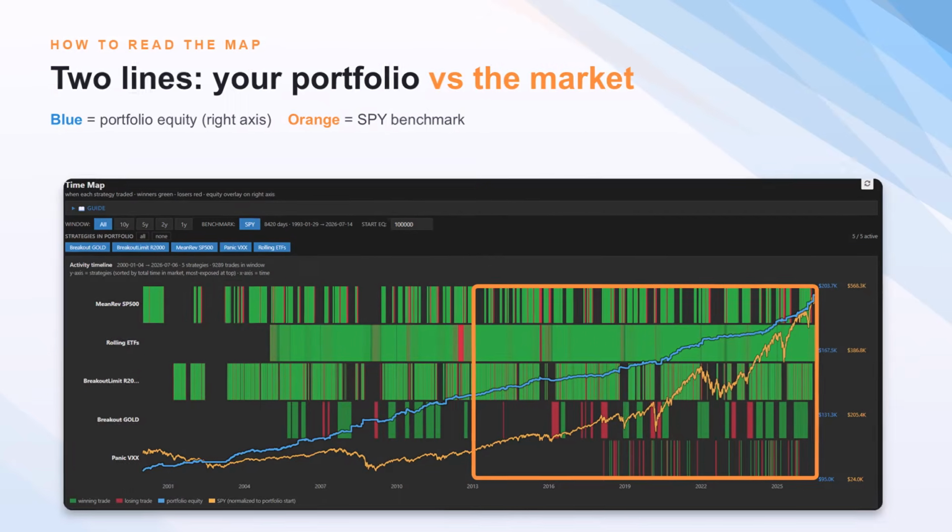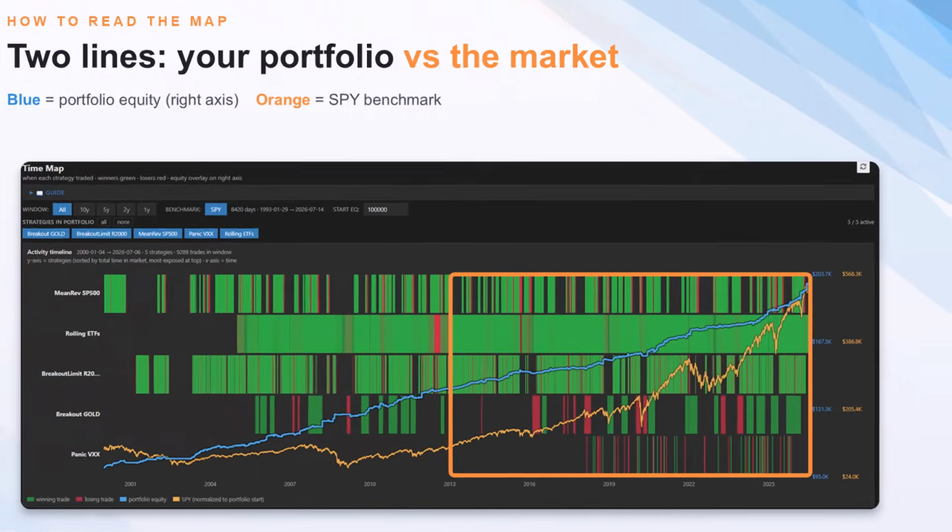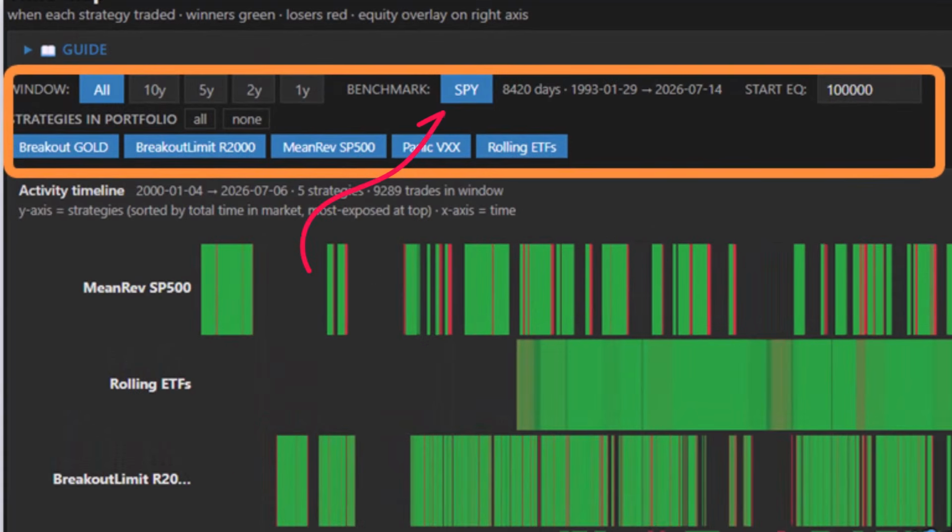A blue line runs across the map, representing the equity of the entire portfolio. Its scale is displayed on the right axis. The orange line represents SPY as a benchmark, allowing you to easily compare the portfolio's performance with a broader market. You can turn the benchmark on or off using the SPY button at the top of the plugin.